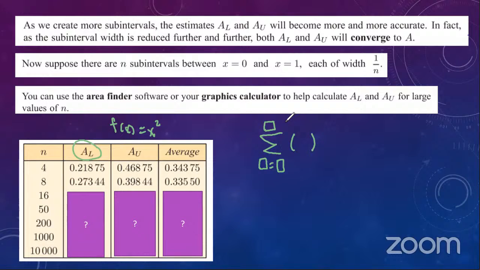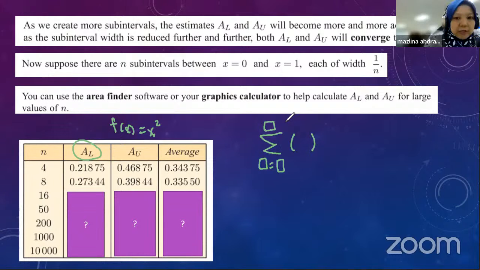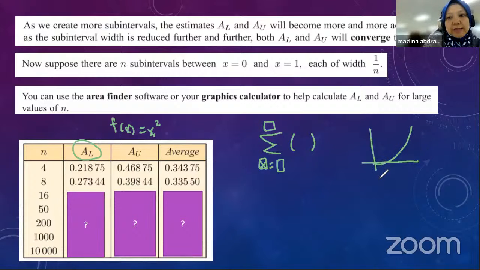Yes, teacher. So kita masukkan, this one we put it as your x lah. X is equal to, kita begin with 0 lah because our graph just now, x kita begin with 0. Something like this kan. So this is our x begin with 0. Okay. So we put 0. Okay.